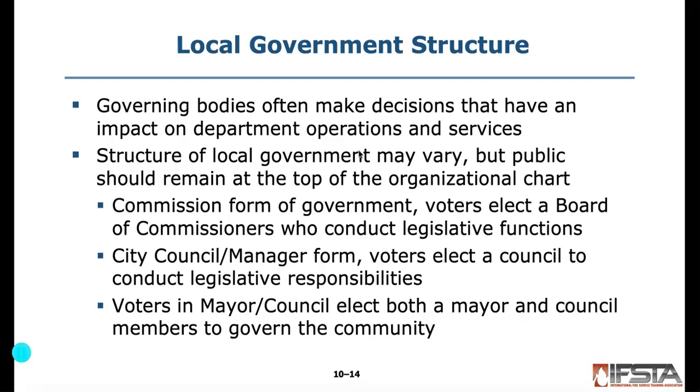City council manager form, which is what I work in, but we also have mayor, city council with a city manager. The voters elect a council to conduct legislative responsibilities. So mayor, council, with a city manager, and the public votes in a mayor, and also the city council members in different districts to govern the community.